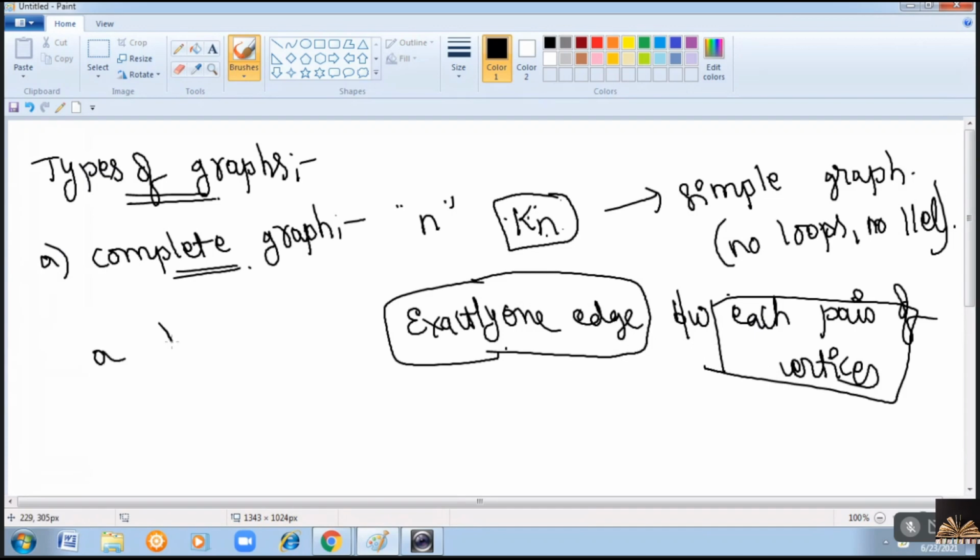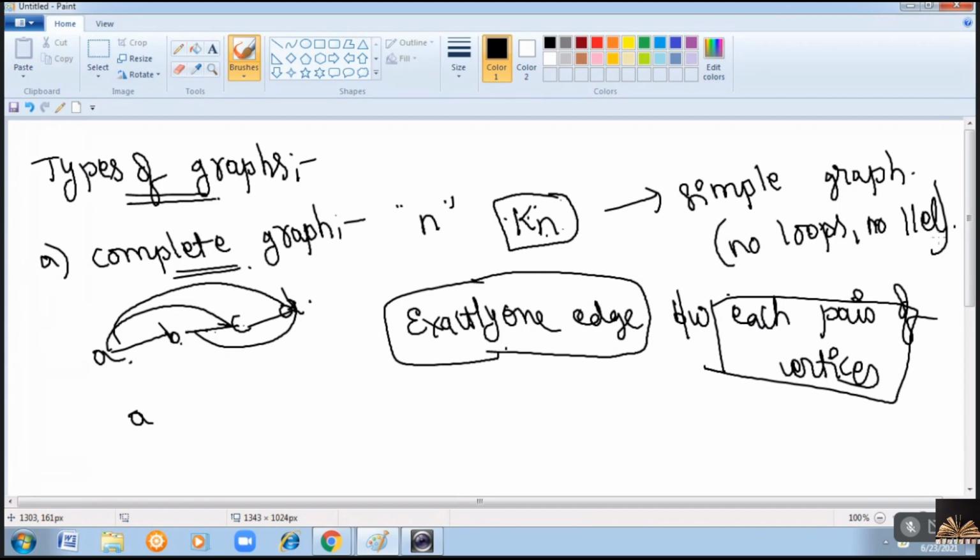Let us suppose A, B, C, D are the vertices. Then between each pair of vertices, between AB, between AC, between BD, there should be exactly one edge, between BC, BA, BD, CD, like this. Right? This is known as a complete graph.